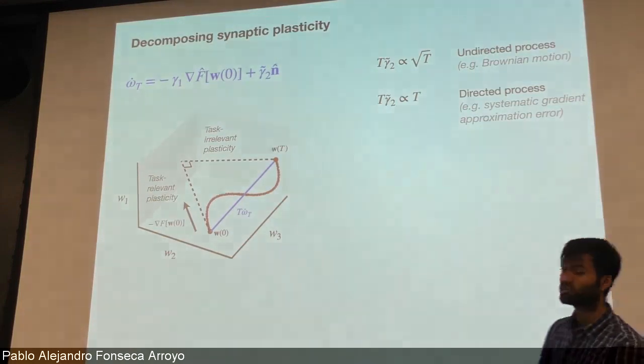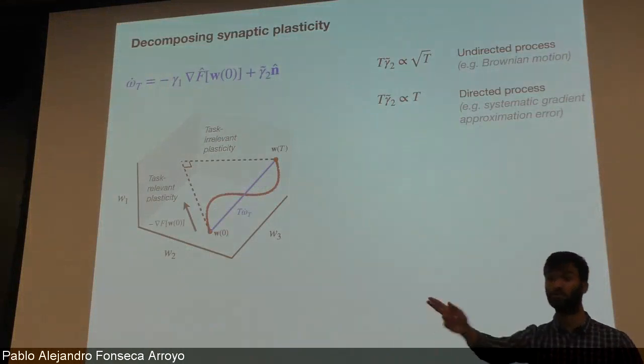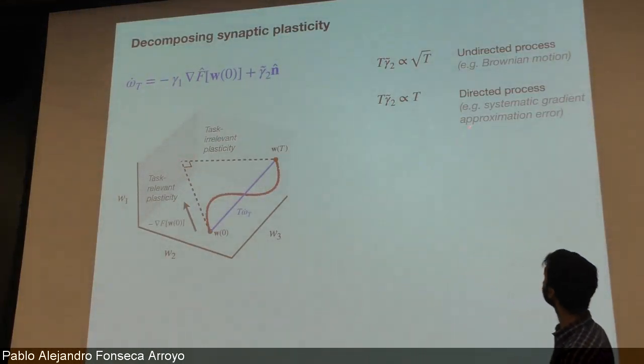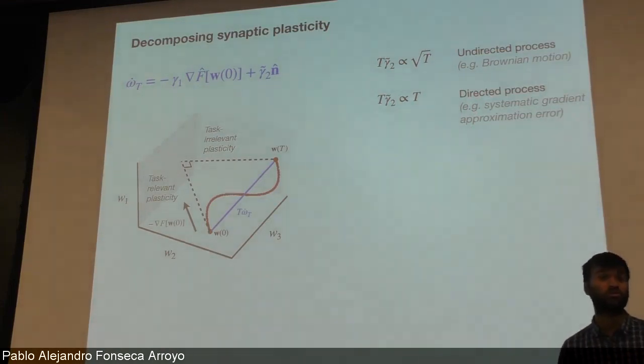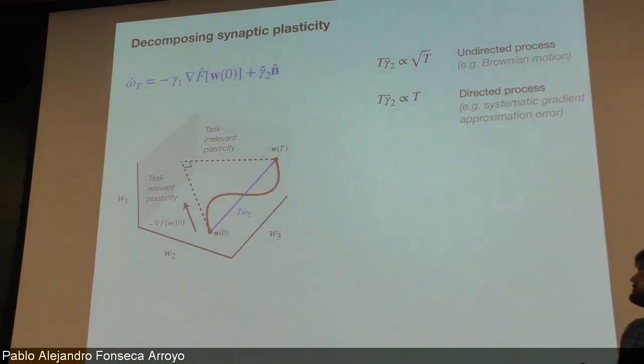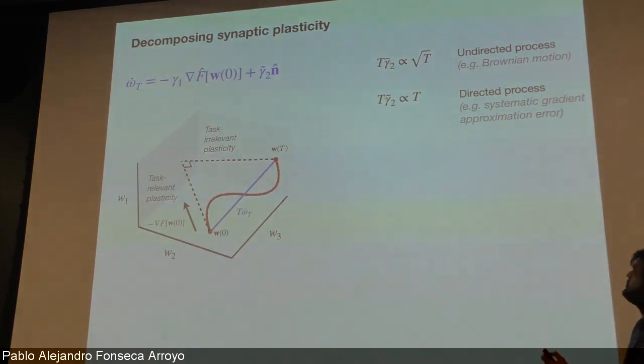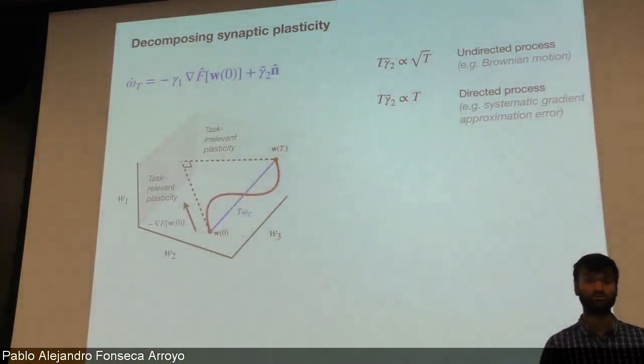What's the other extremal case? Suppose it's taking me in a straight line in one direction. In that case, it's going to be linear in time. That would be true if, for instance, I had a systematic gradient approximation error, due to some error in the learning rule. More likely, it's going to be somewhere in between these two exponents, t to the half and t.